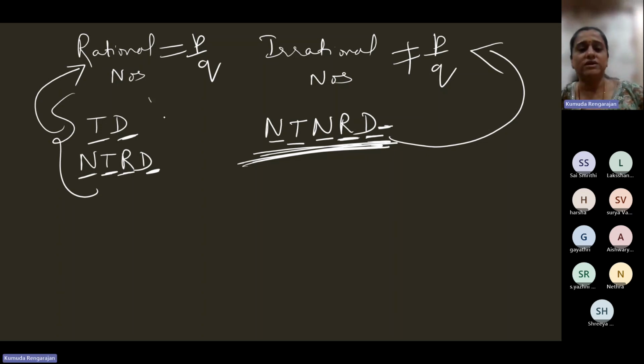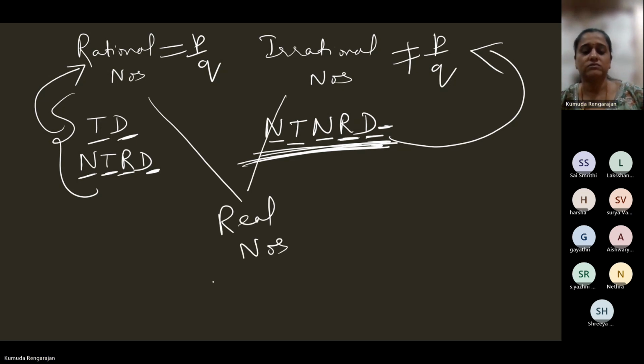And rational numbers and irrational numbers together are called real numbers. And on the number line, every real number can be represented on the number line. Every real number has a unique position, its own position on the number line.